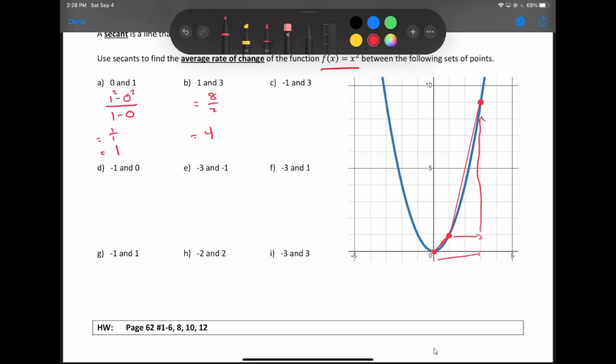Okay, what about negative 1 and 3? So that's the point here. And I'm going to pull out my ruler again since it worked so well the last time, and draw my straight line. Okay, this time we went over 1, 2, 3, 4 and up 8.